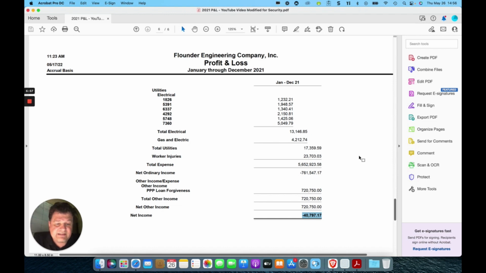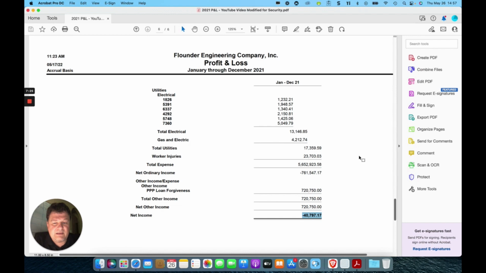And as it stands, if this kind of stuff continues, as you can imagine, you can't keep going negative. If you looked at their balance sheet, they actually have no money in the bank. They have no money in the bank. And they have an operating loan of somewhere around $400,000 that they've dipped into, and they're still losing money.